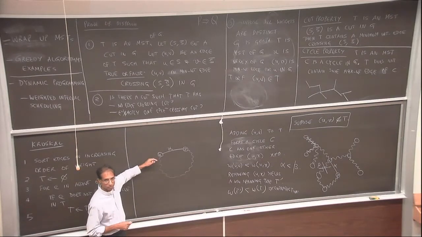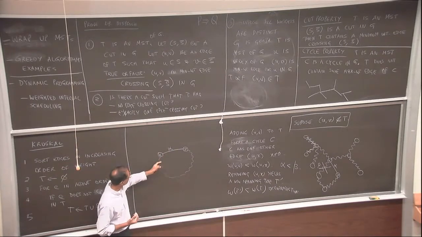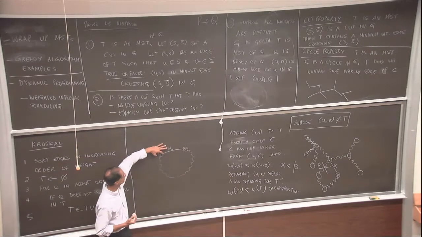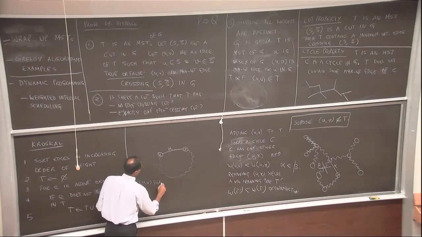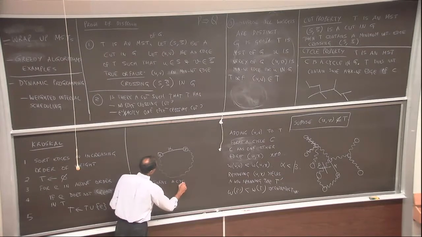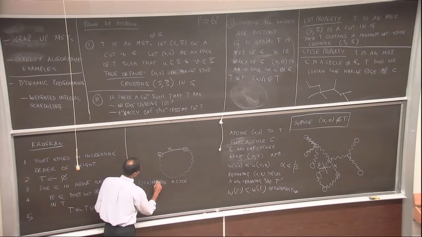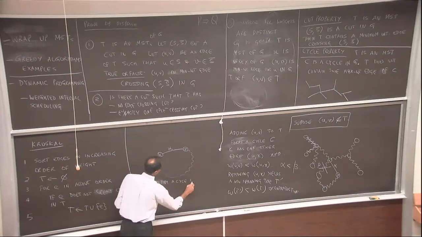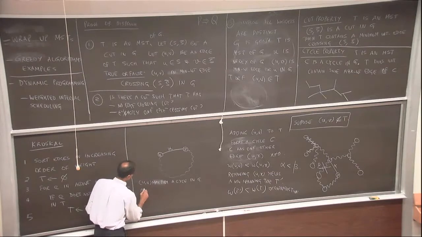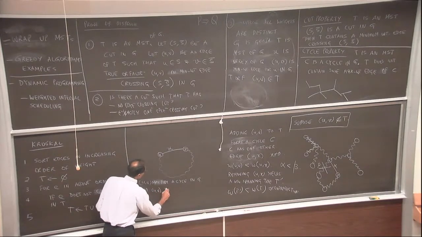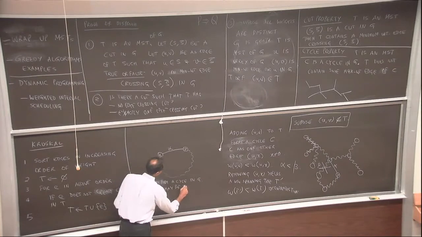That was the claim. But the point is, it's impossible for alpha to be the maximum weight edge of the cycle while alpha is the minimum weight edge for U. So the argument went like this. UV may form a cycle in G, and UV may be the maximum weight edge of the cycle.